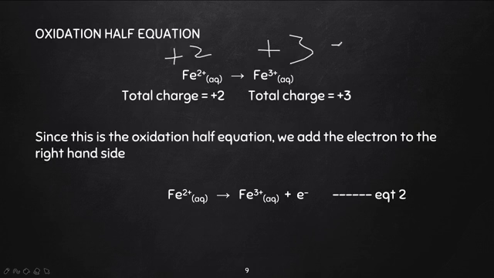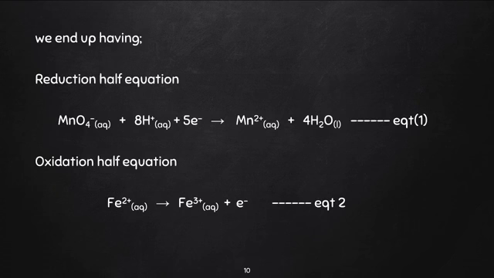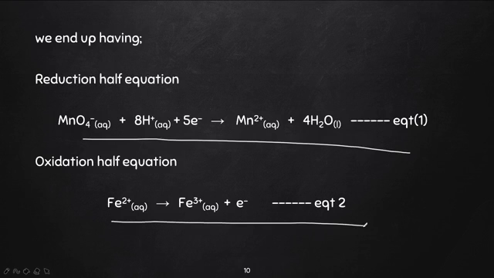One electron. So we add an electron on the right because an electron is a negative charge. Now we have +2 on both sides, and we've balanced the charges. This is the reduction half equation, and this is the oxidation half equation.